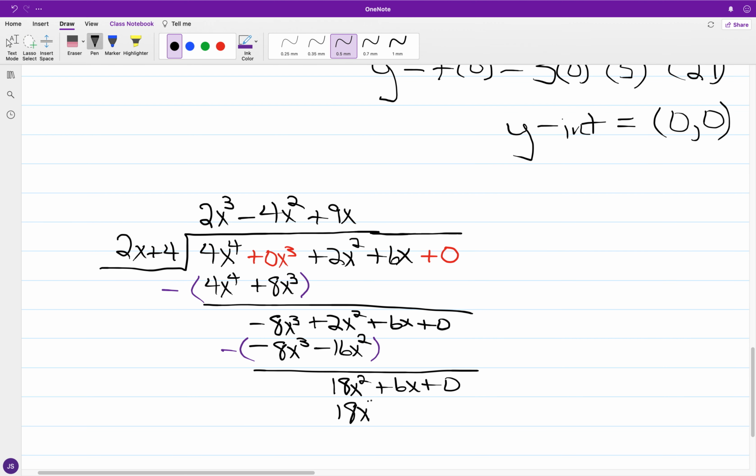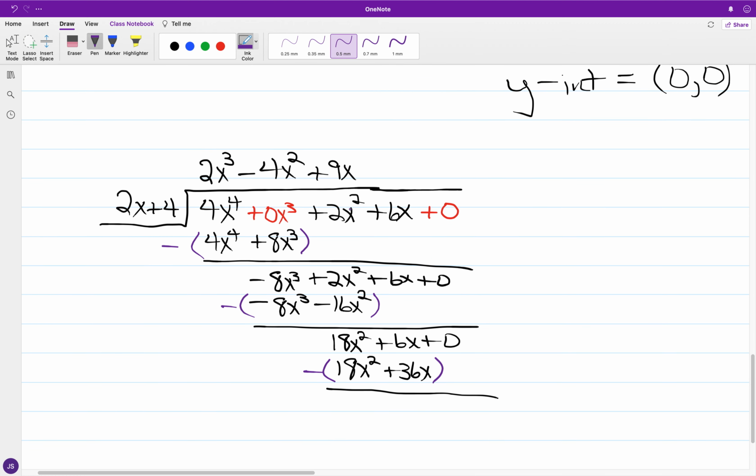And distributing, I have 18x squared plus 36x, and deducting, we have 6x minus 36x, so this will be a negative 30x.